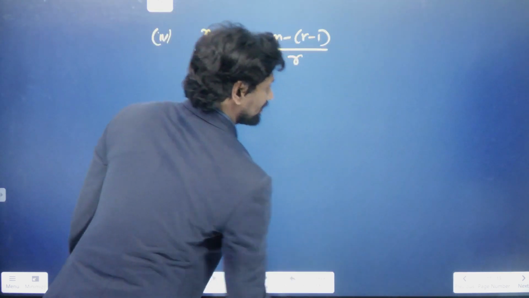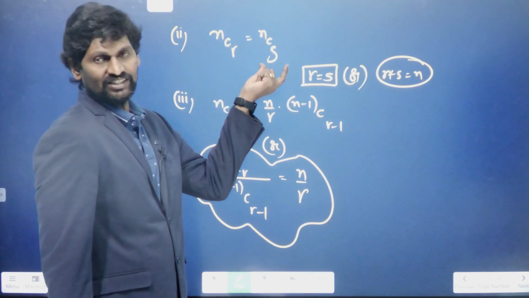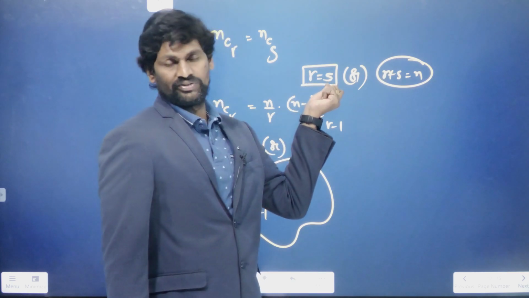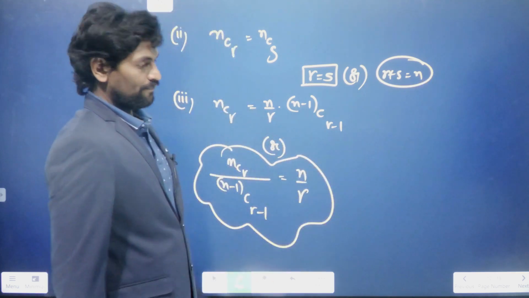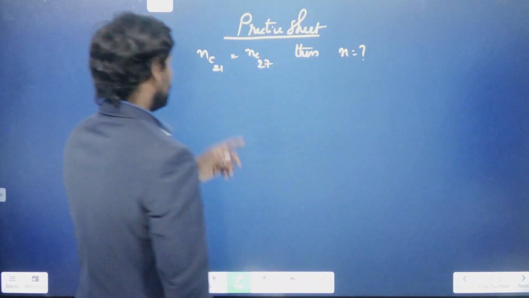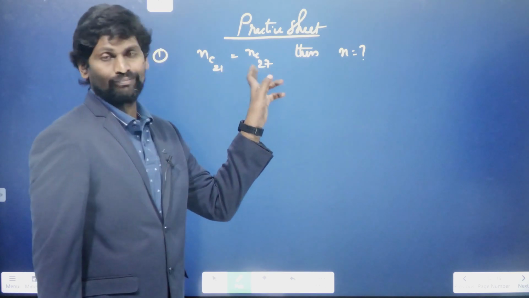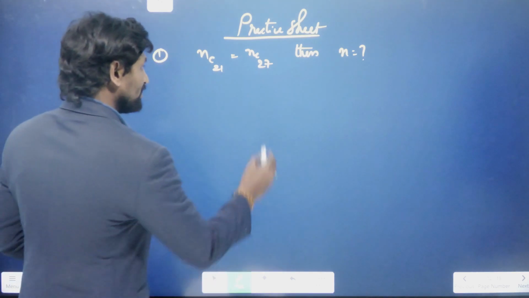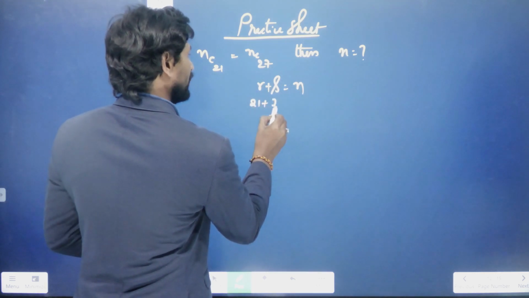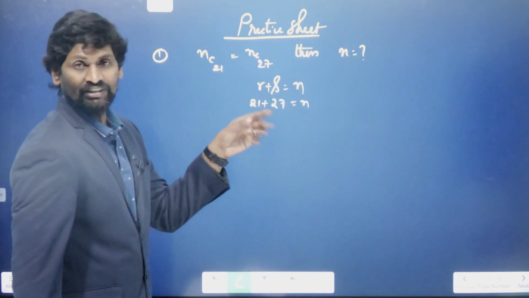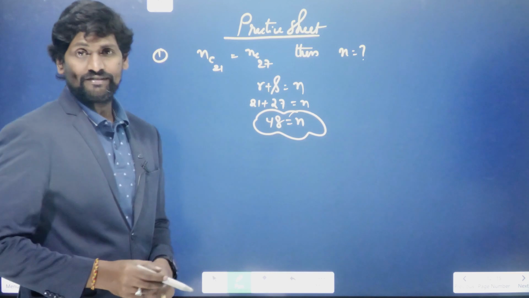Just now we have discussed the second important note point: nCr is equal to nCs, then the condition is r must be equal to s, or else r plus s is equal to n. But while you are checking here, r value and s value are not the same, both are different. 21 and 27 are not equal. So the second condition is r plus s is equal to n. That means 21 plus 27 equals n. 21 plus 27 is nothing but 48. So n value is 48.